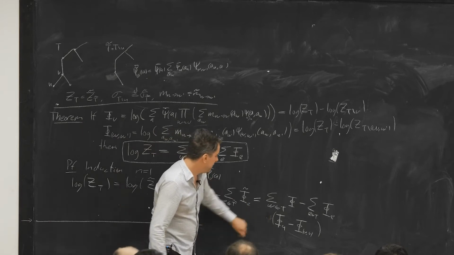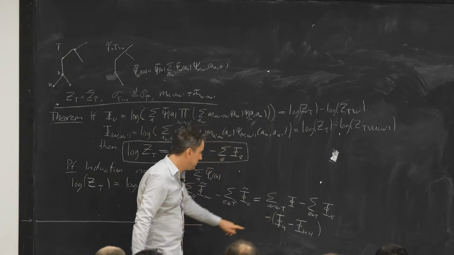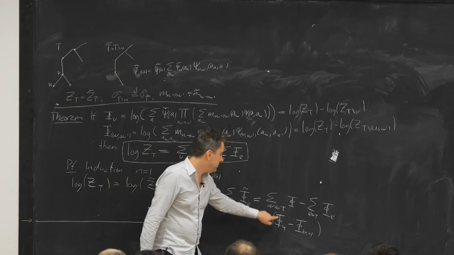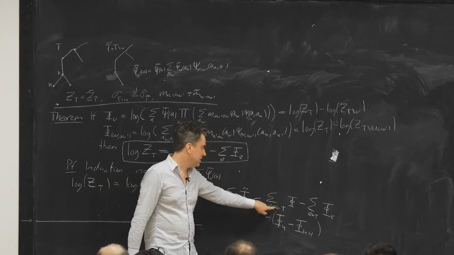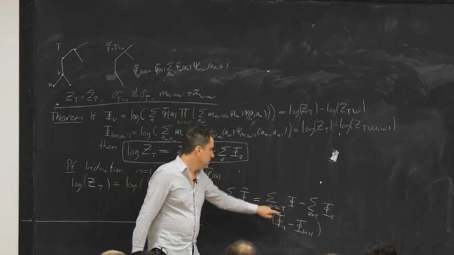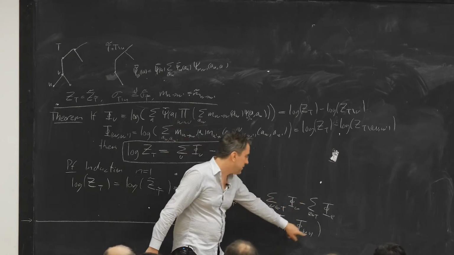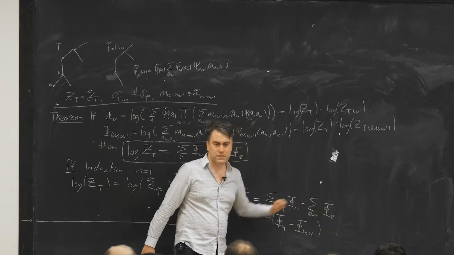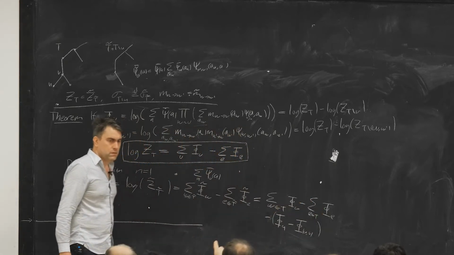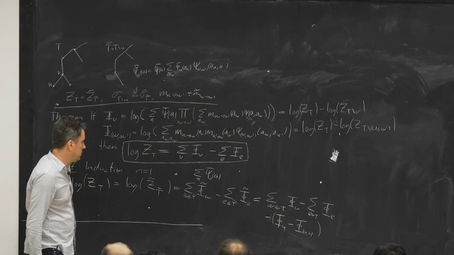So sorry. If I subtract off phi u from this, then I just get the sum over the vertices in T tilde. And if I subtract off this, then I just get the edges in T tilde. But you claim the log of Z_T, in the original, did include u.